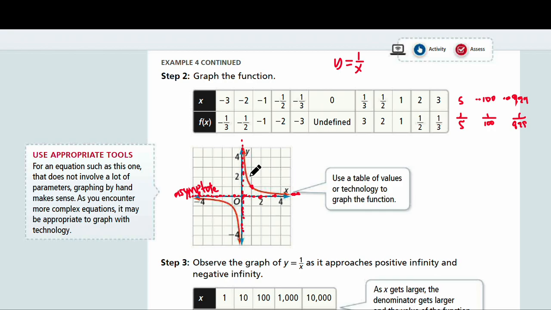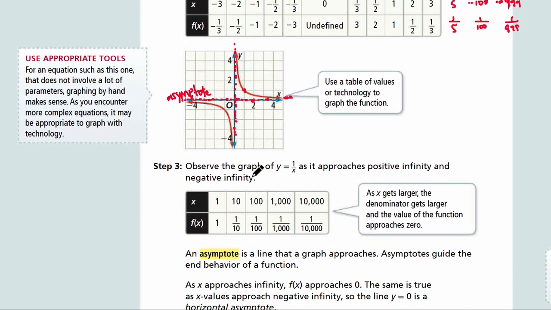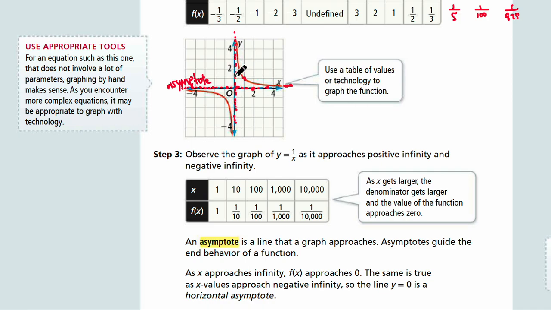Now that we have graphed an approximate graph here, let's observe the graph as it approaches positive infinity and negative infinity. As we have talked before, it will approach the asymptote. The asymptote is a line that the graph approaches, but it will never touch.